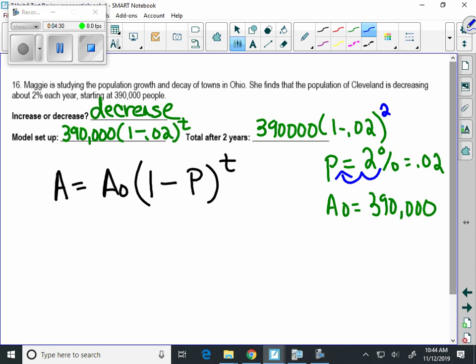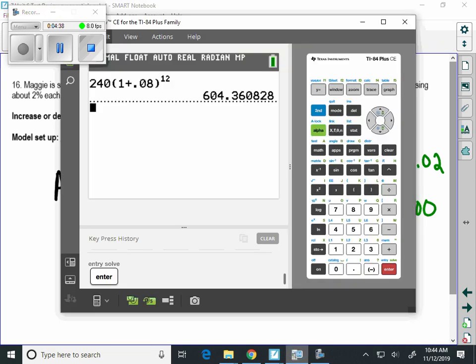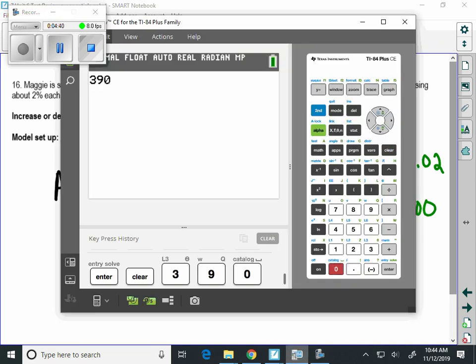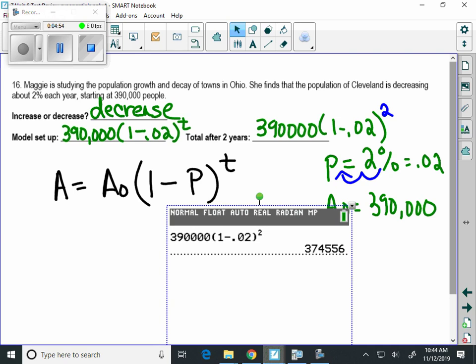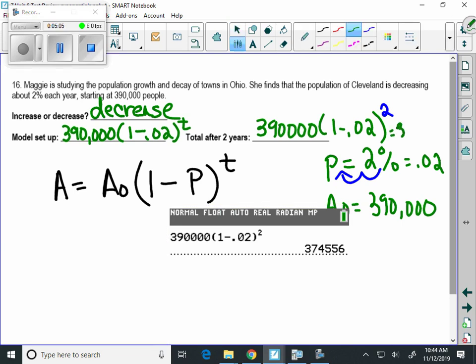We're going to put in a 2 for the time now, because after 2 years, and then we can type that into our calculator, 390,000 times 1 minus 0.02 to the 2 gives us our answer here. And the nice thing is that this one turned out to be a whole number. Otherwise, we would have to round it to the nearest person, but we get 374,556 people.